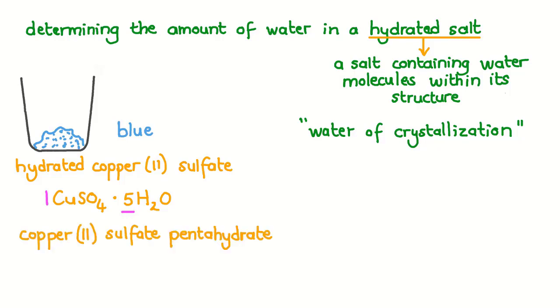The correct name of this compound is therefore copper-2 sulfate pentahydrate, although we often just refer to this compound as hydrated copper-2 sulfate. We can determine the mass of water of crystallization in a salt such as this using volatilization gravimetry.